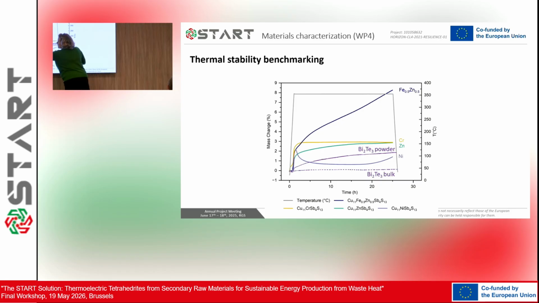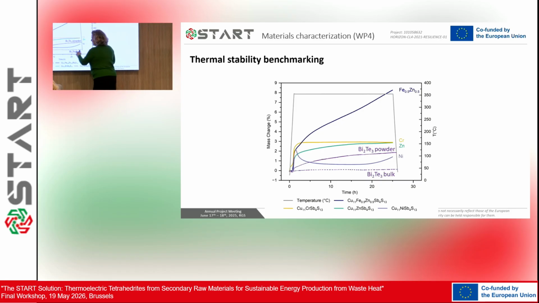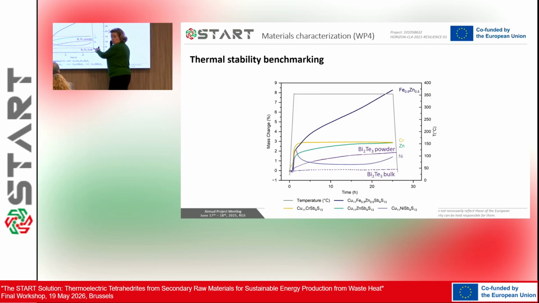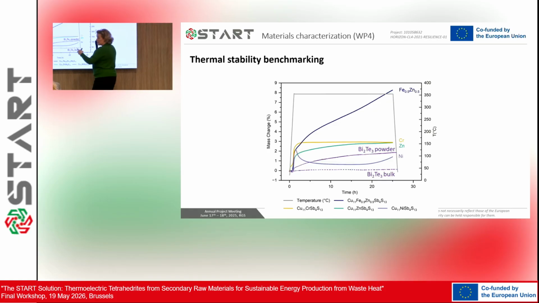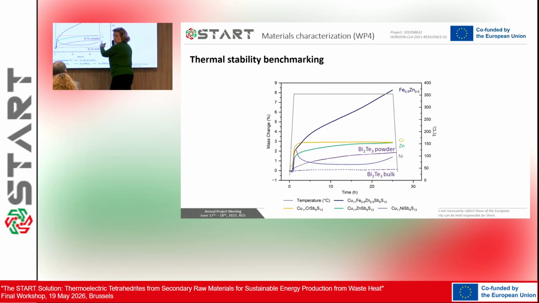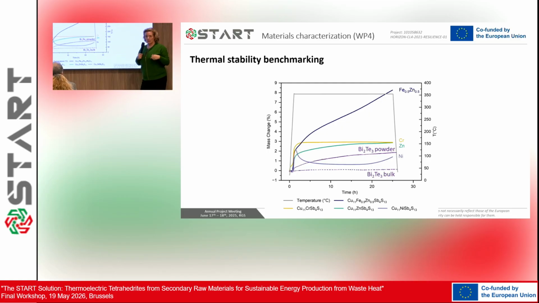So if you put a leg inside the crucible, you see that under oxygen, it doesn't really oxidize. But if you crush it, then bismuth telluride oxidizes a little. But it's comparable to what we see with tetrahedrites. With tetrahedrites, in the beginning, we thought they were not very good because they were sublimating the sulfur and had pores and so on.